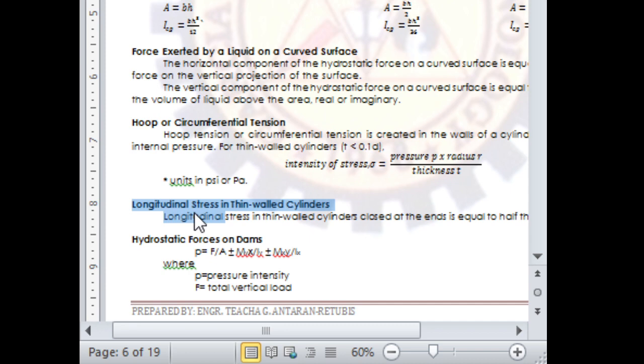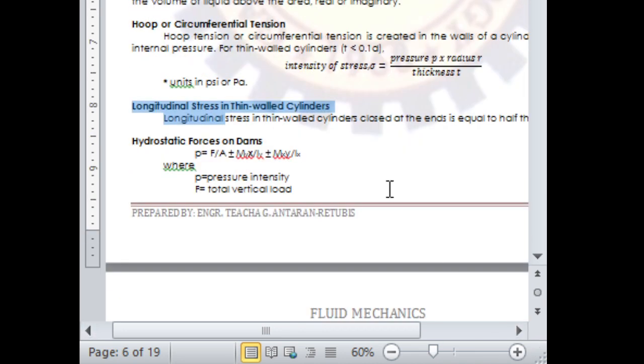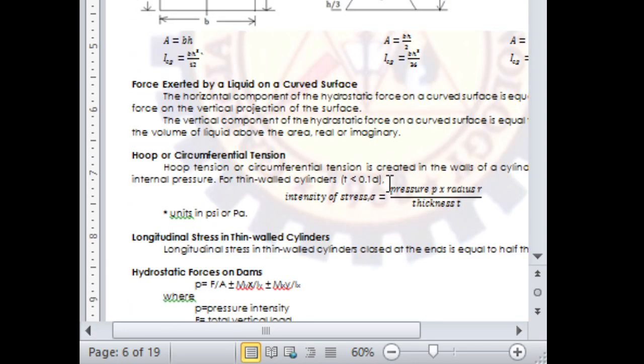So for now, that is the coverage of our hydrostatic force on surfaces. How many surfaces do we have? We have plane surface, we have curved surface, and within these surfaces there are forces acting and even stress or tension felt by our surface because of the presence of these fluids.